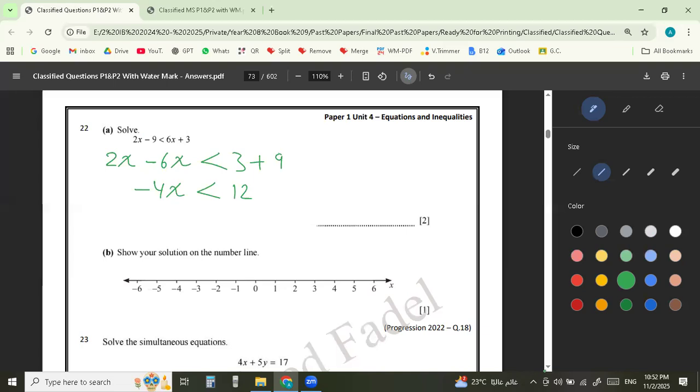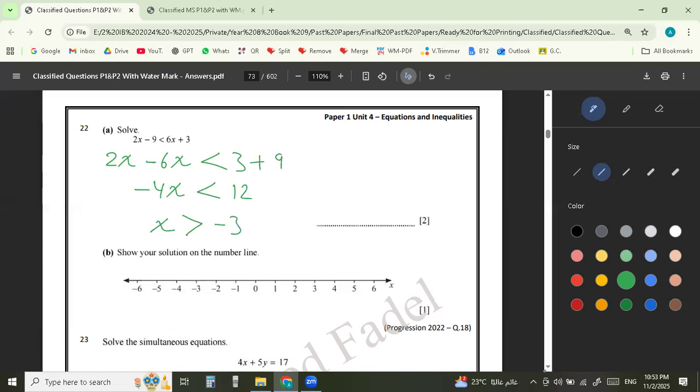This is a new piece of information. If you multiply or divide by negative, you switch the inequality. So I'm going to divide here by negative 4, so x is greater than negative 3.